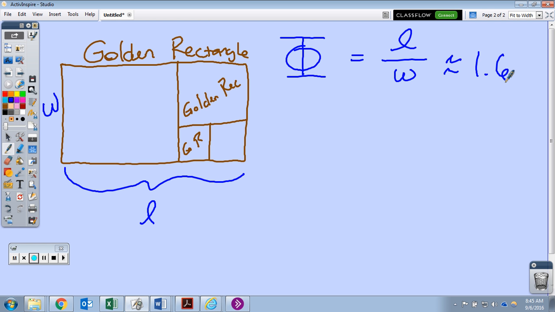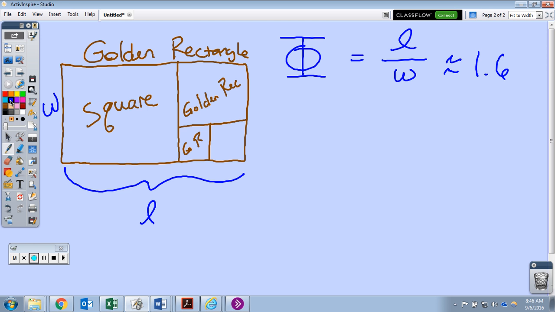That isn't the best looking golden rectangle because it looks like a square, but in the textbook there's a better image where this here is a square. We keep creating golden rectangles every time we cut out a square, so couldn't we say that this length to this width should be the same ratio as this length to this width?